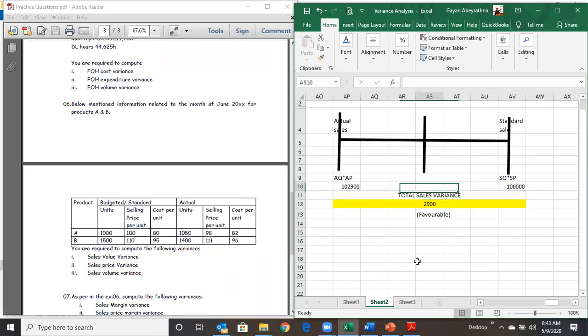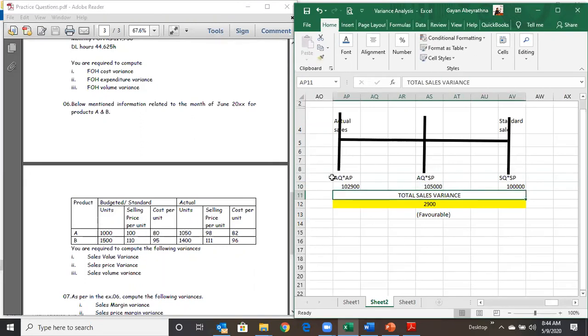Okay, now in this part, as we did in the direct material, we can calculate what will happen if we sold this actual quantity for the standard price. That one, actual quantity 1050 into standard price 100.